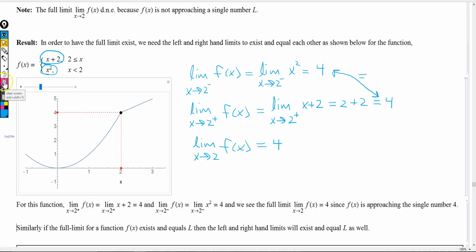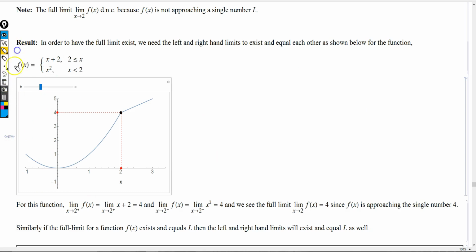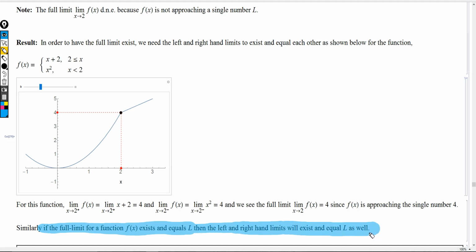So let's also note here, we can also go backwards and say, if the full limit exists for a function and is equal to L, then the left and right hand limits will exist as well, and they will both equal L. That makes sense.